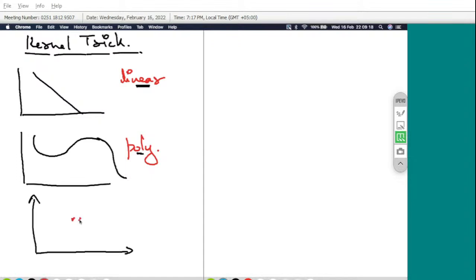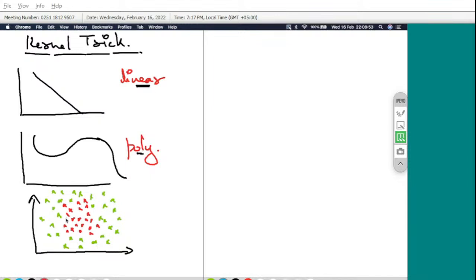I would say if the data is like this. What if the data is scattered like this?